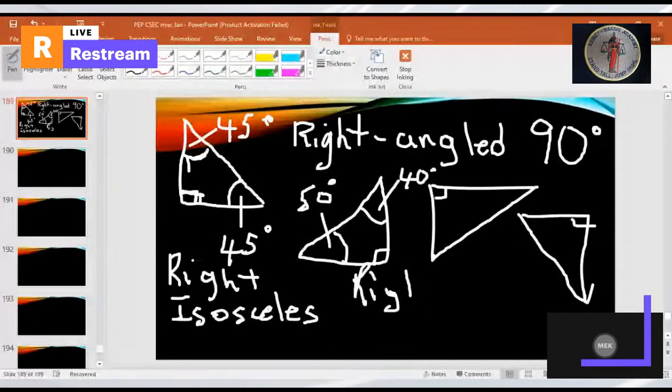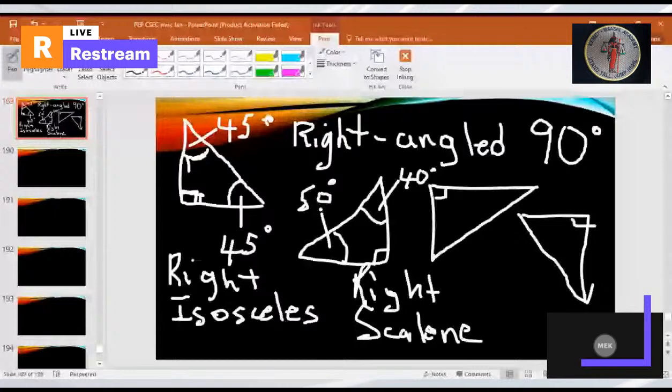The 90 degree angle makes it right, and since all three angles are different, it is scalene.